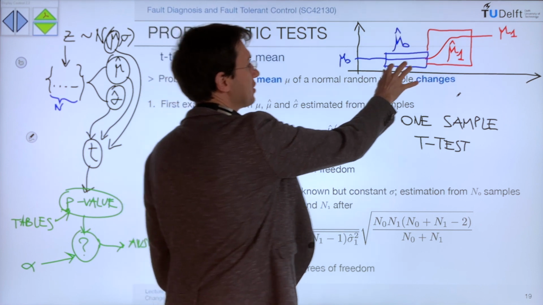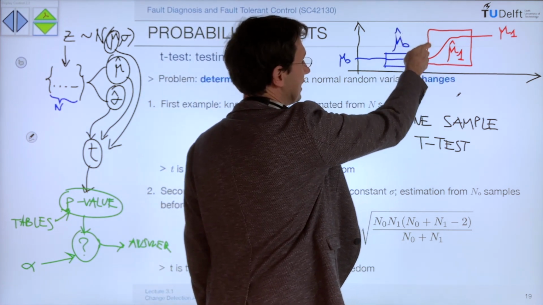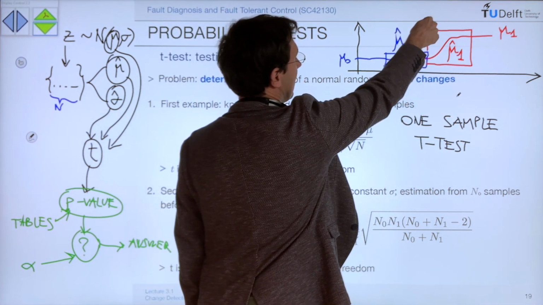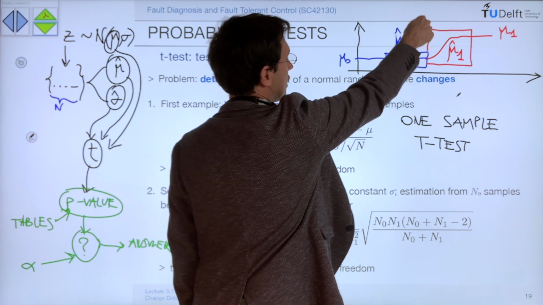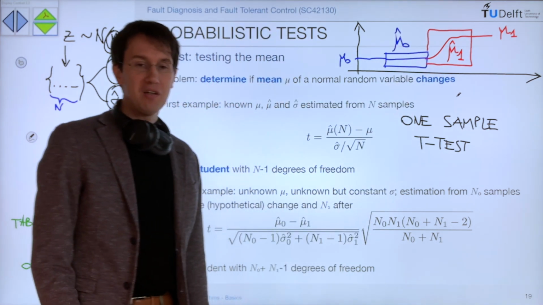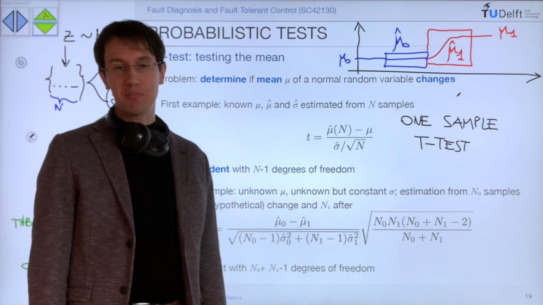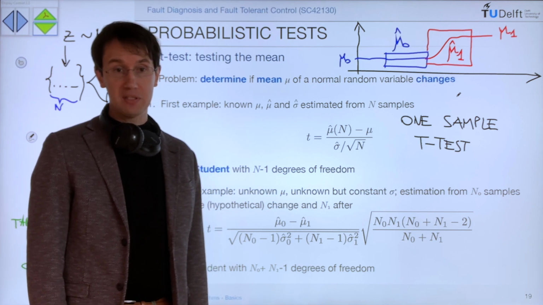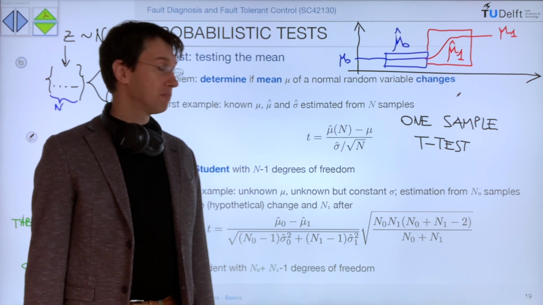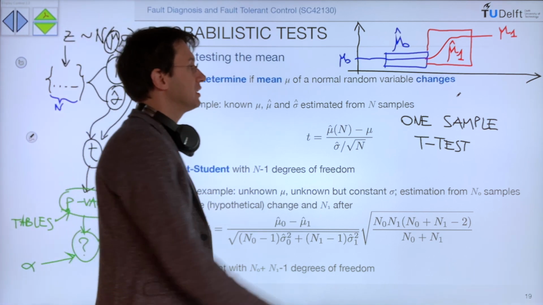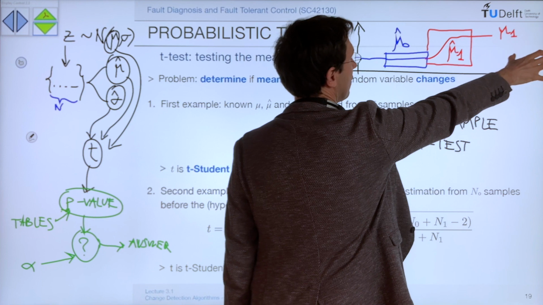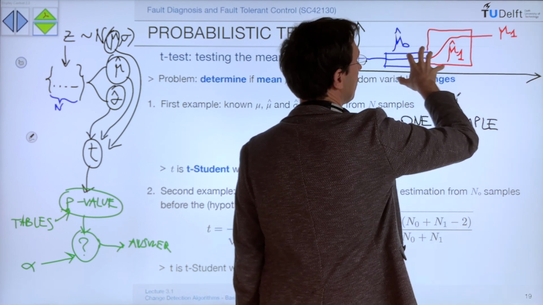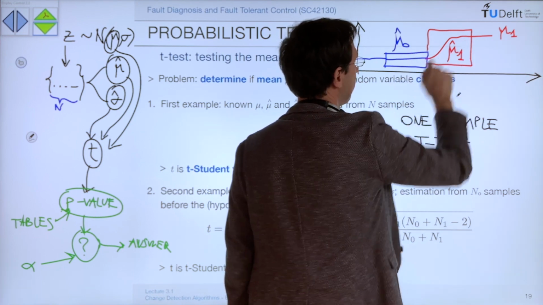So in this drawing, I draw them exactly such that they occur around the change time instant. But when you are implementing this approach in practice, you have no idea whether a fault, a change, happened or not. So these windows are moved forward as you get new samples.